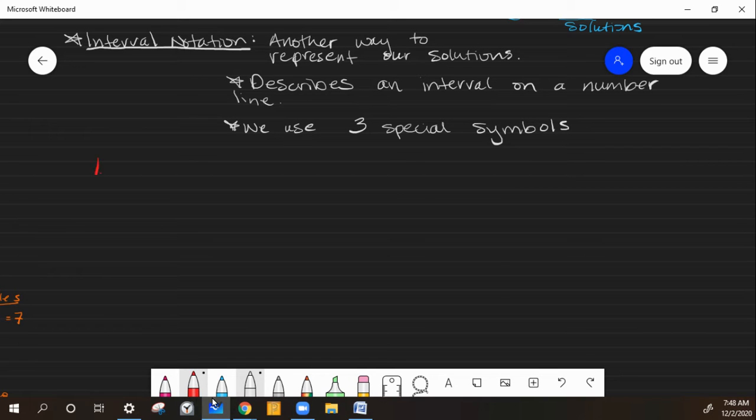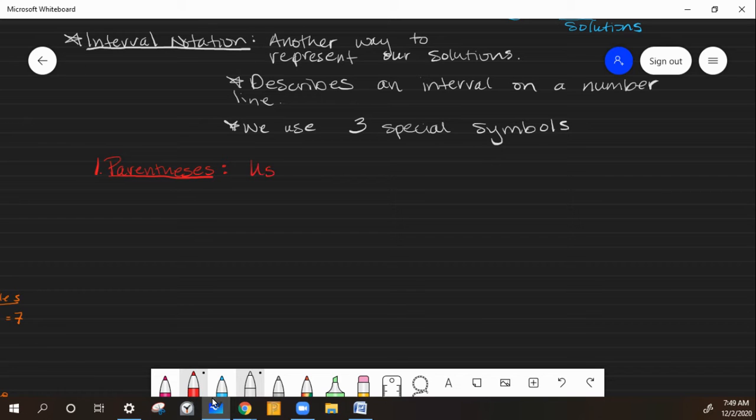So here's the first symbol, parentheses, which is always a hard word for me to spell. We know what parentheses are. We've seen them in math, but they have a new context here in interval notation.